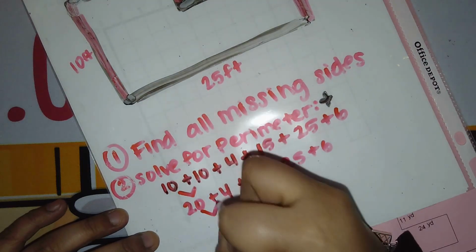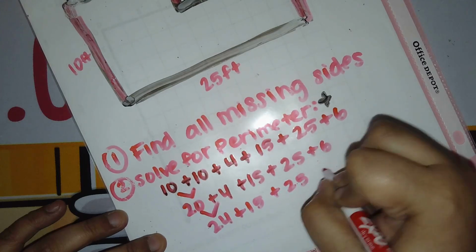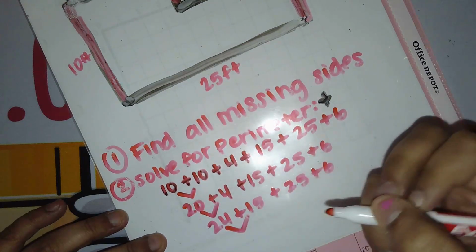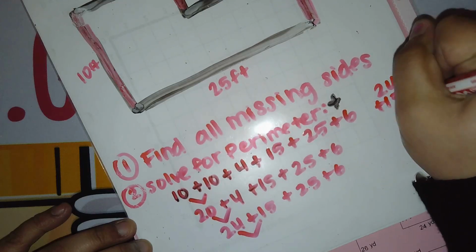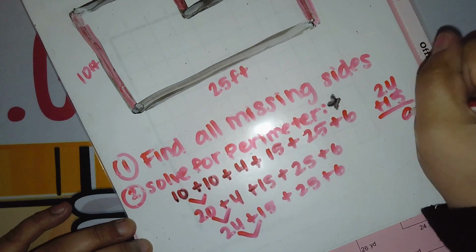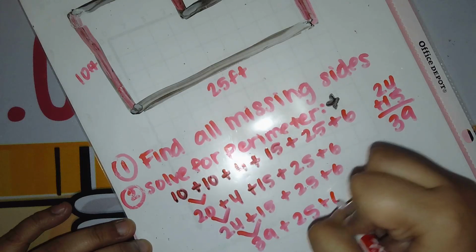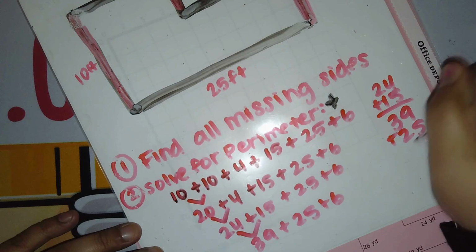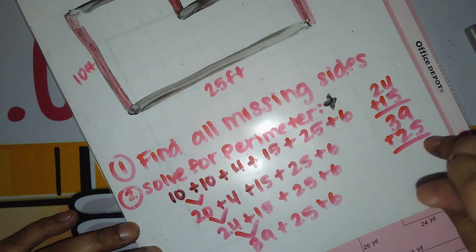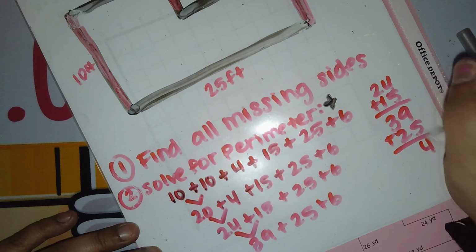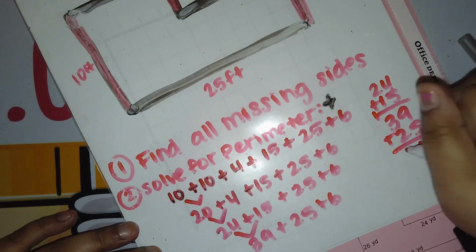Okay, 20 plus 4 gives me 24, plus 15, plus 25, plus 6. 24 plus 15, if I don't know how to do that, then I'm going to do it on the side. 24 plus 15 gives me 39, plus 25 plus 6. 9 plus 5 gives me 14. Now I have 3 plus 2 plus 1. That gives me 64.